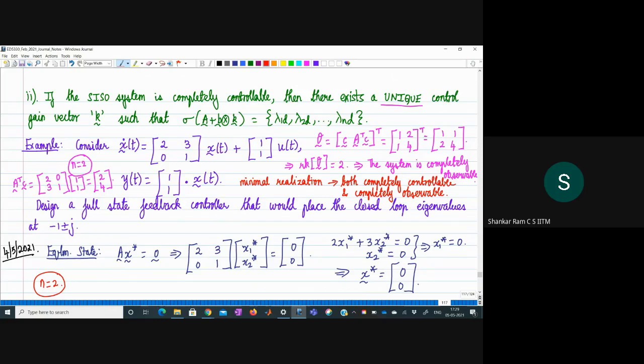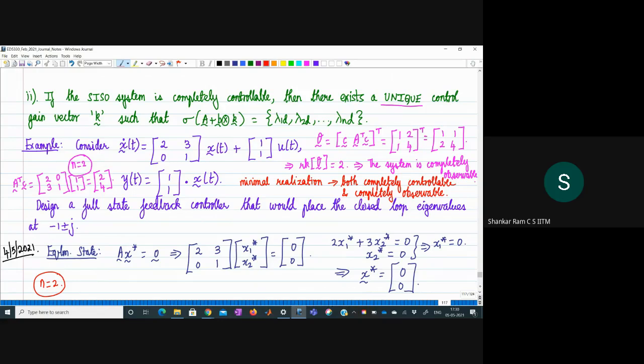A minimal realization, both completely controllable and completely observable, has the unique property that the set of eigenvalues of the state matrix is the same as the set of poles of the transfer function. I hope the concept is now clear.